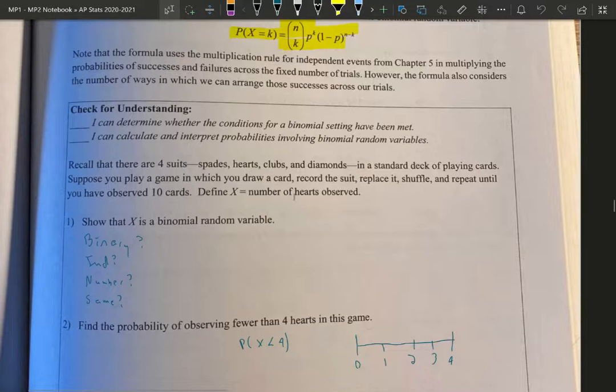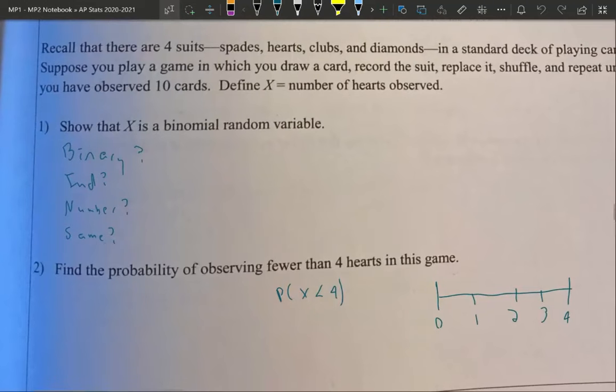Define X as the number of hearts observed. Okay, so you're basically going to shuffle, and then this is with replacement. You're putting that card right back in the deck once you observe it. And then you do it again, and you're doing this a total of 10 times. So, show that X is a binomial random variable.